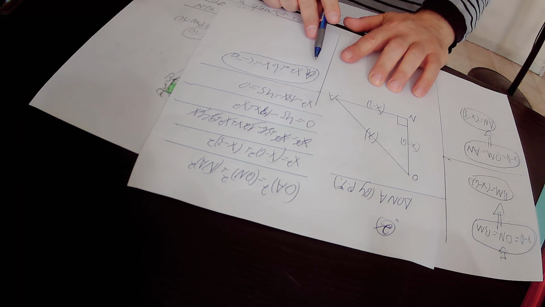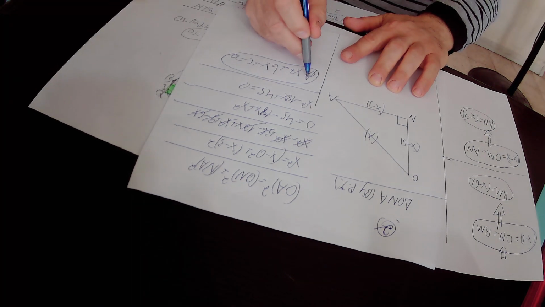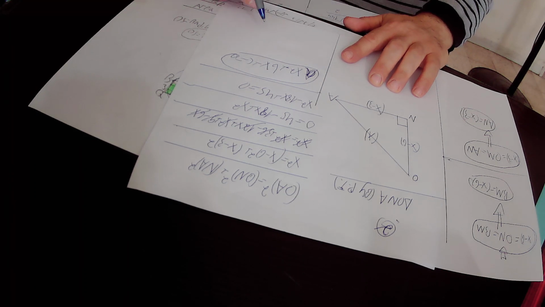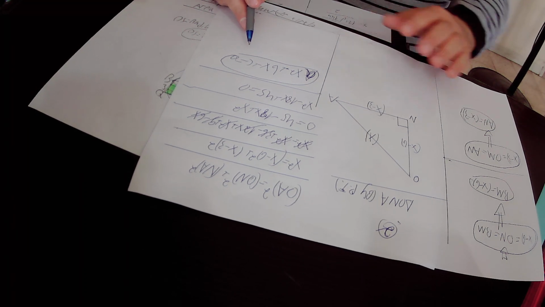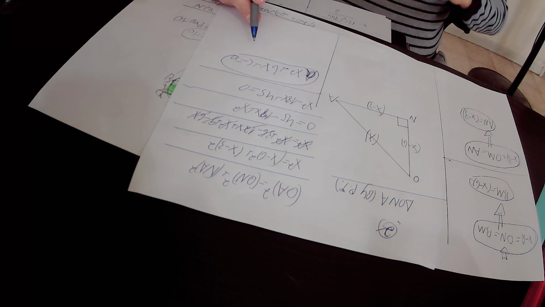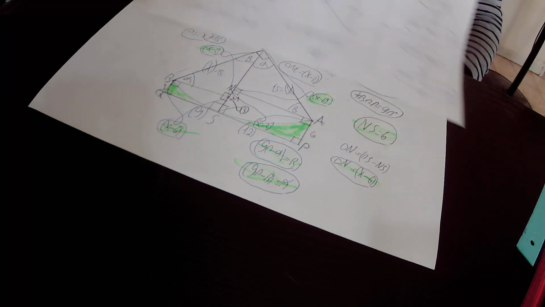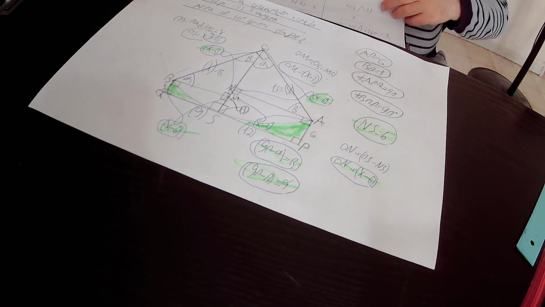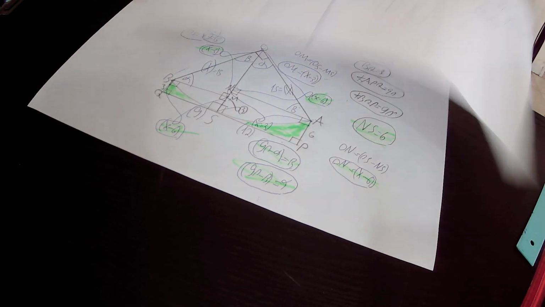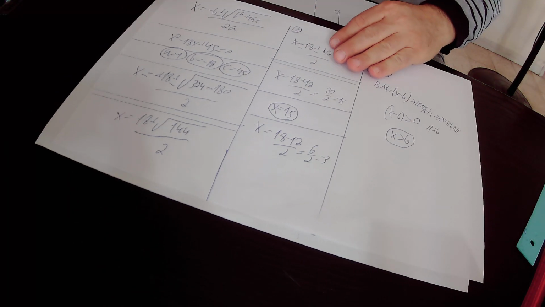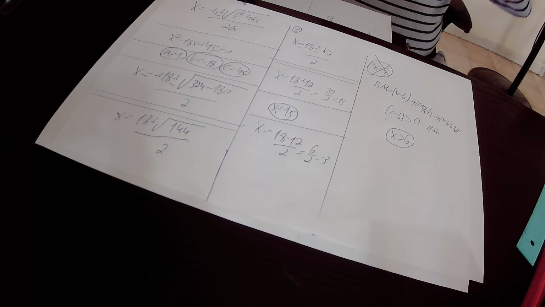In this general formula, a, b, and c are the coefficients of the quadratic equation, and x is the variable that we are looking for. And we find out the value of x according to the following formula. x equals minus b plus minus square root of b squared minus 4 times ac over 2a.